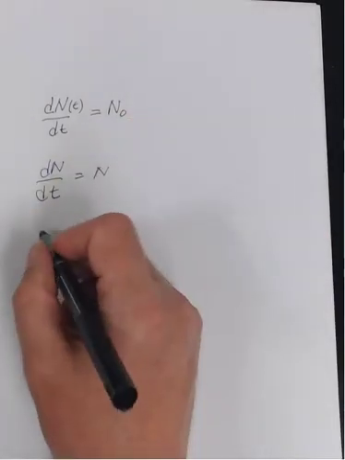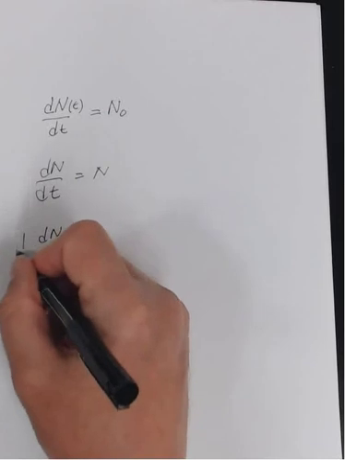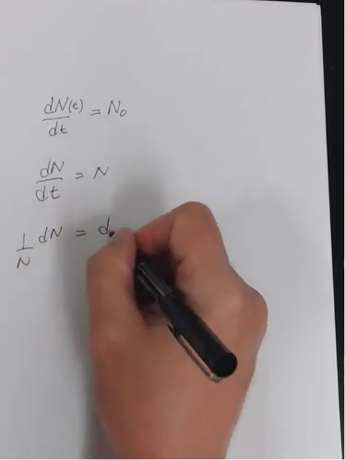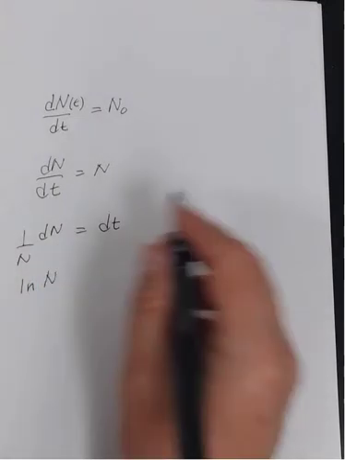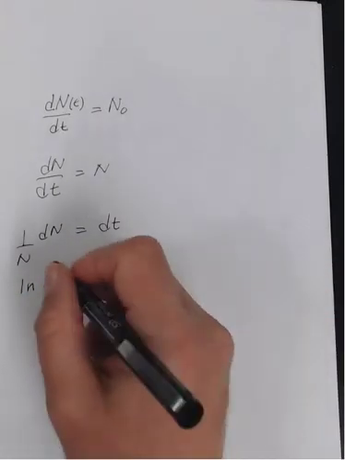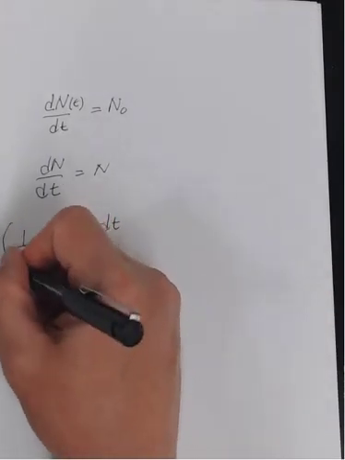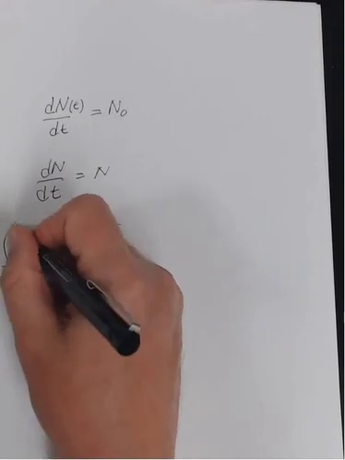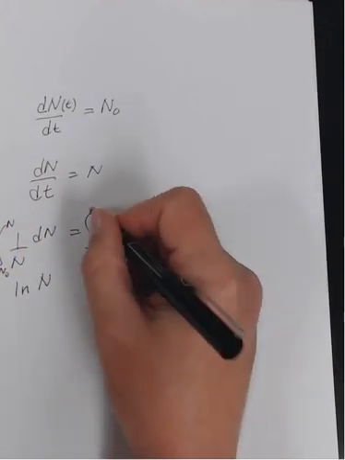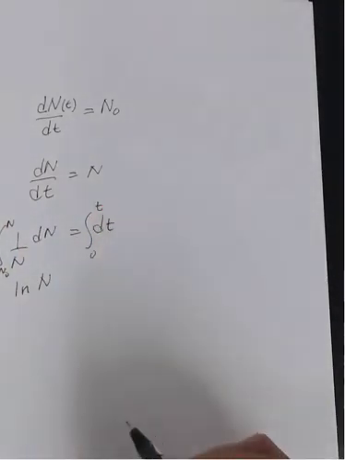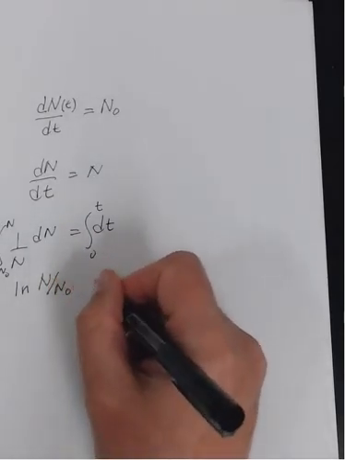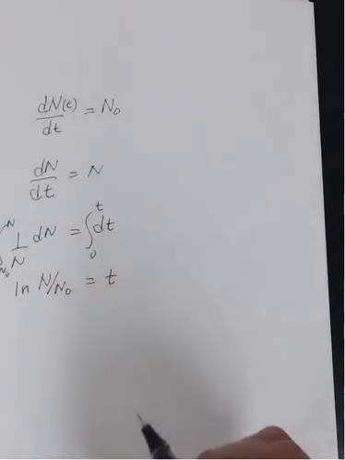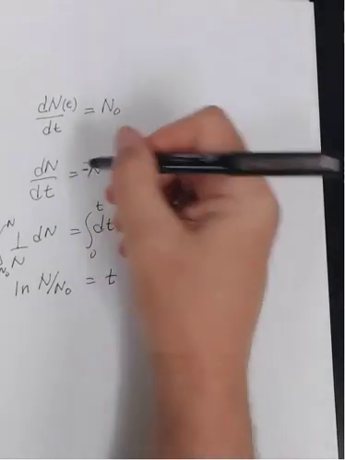Okay? So if I rearrange things here, I get the natural log of n. Now I'm not doing any constants here, so maybe I should do from n naught to n, from time 0 to time t. So then I get natural log of n over n naught equals t. Oh, I forgot an important thing. It goes down.